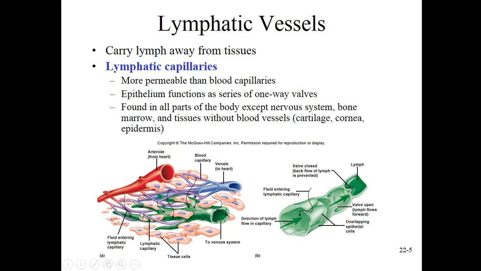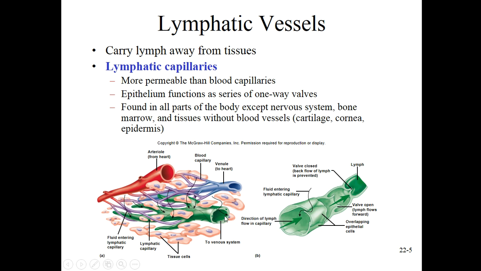Remember that our capillaries, our circulatory capillaries, are leaky, and they're designed to be so. Every time your heart pumps, blood pressure forces a little bit of plasma out into the extracellular space or interstitial space. Then fluid is collected by the lymphatic capillaries, shown here in green.